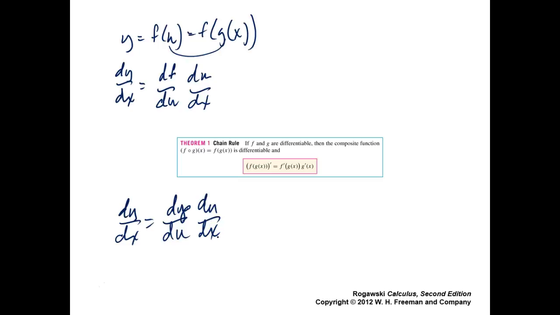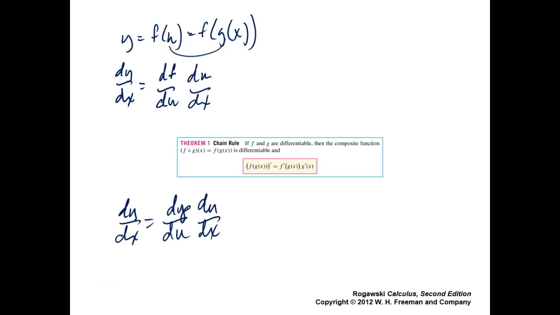And that's basically what the chain rule says. The derivative of the outer function, the f function, the y function, evaluated at g of x, which this is calling u, then times the derivative of the g function, which this is calling u, with respect to x.